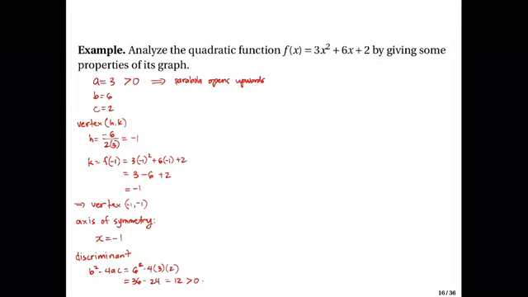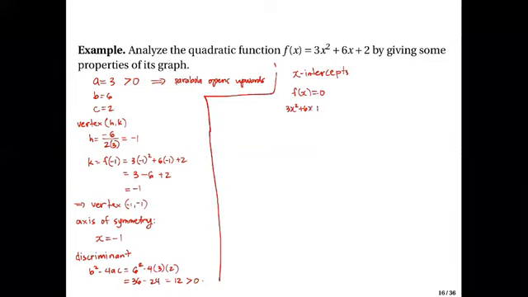And so let's solve for the x-intercepts. For the x-intercepts, it only means you need to solve the equation f of x equals 0. Okay? So you will have 3x squared plus 6x plus 2 equals 0.